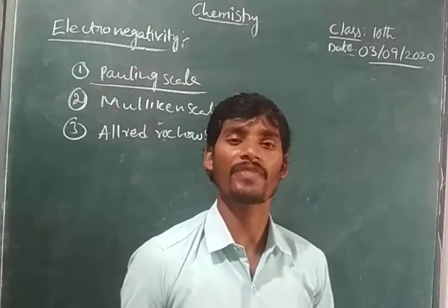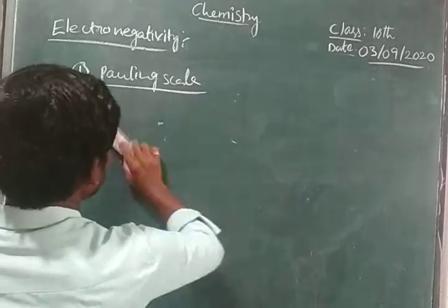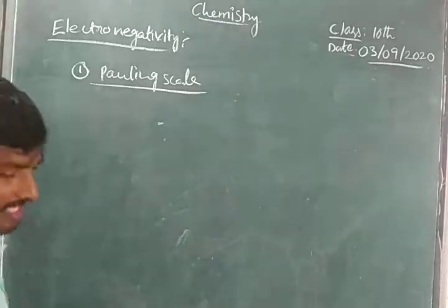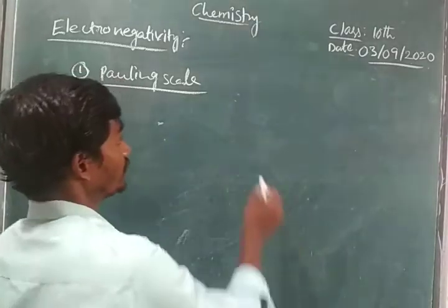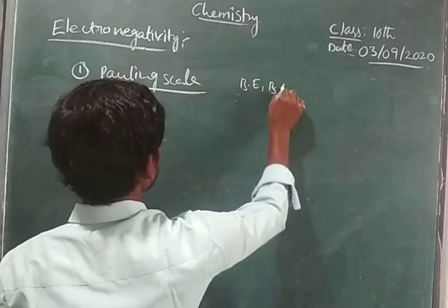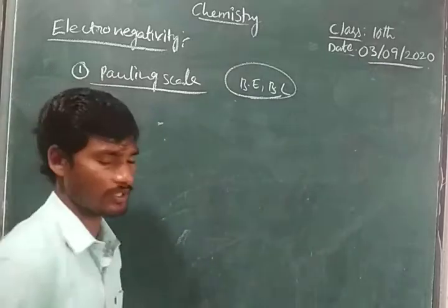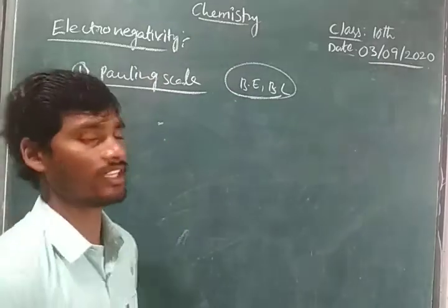What is meant by the Pauling scale? Pauling took two properties, bond energy and bond length. Based on these two properties, he explained the Pauling scale.